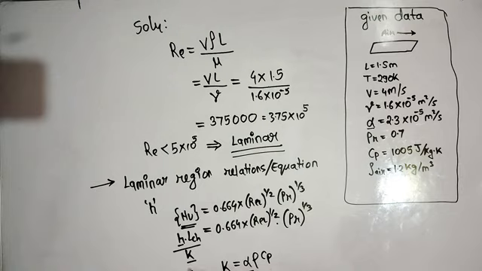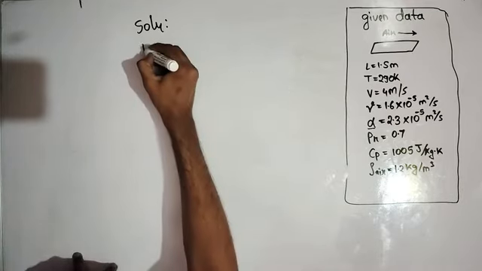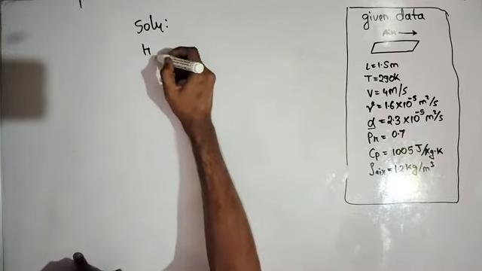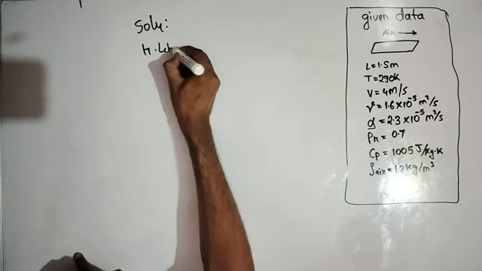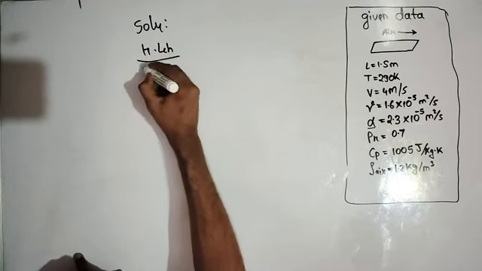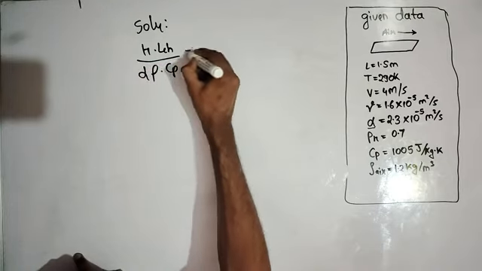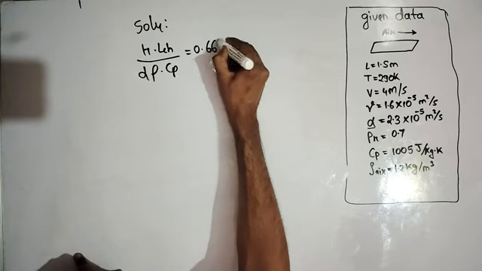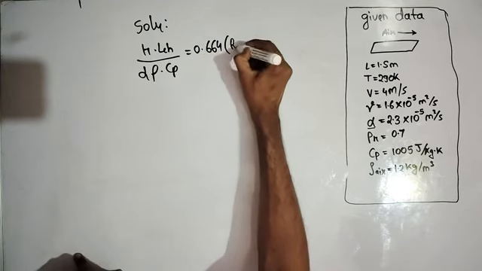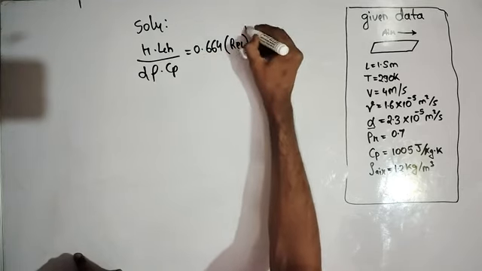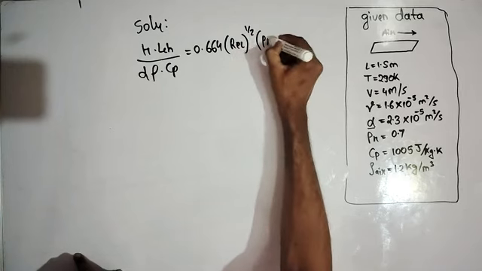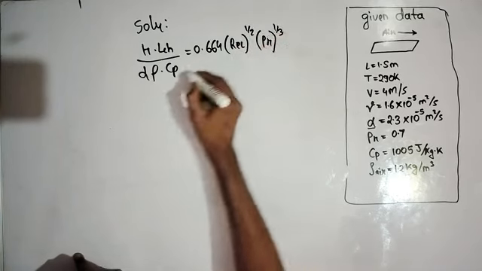We will substitute the value of K here with thermal diffusivity into density into heat capacity. So write down the equation. 0.664 Reynolds number to the power 1 by 2, Prandtl number to the power 1 by 3.